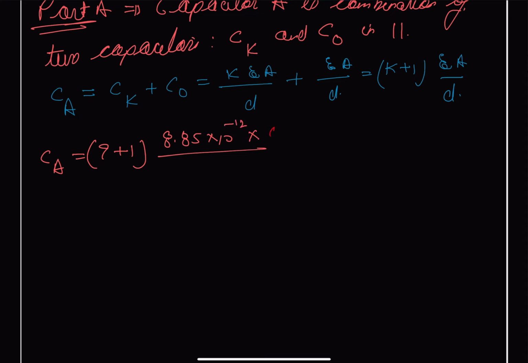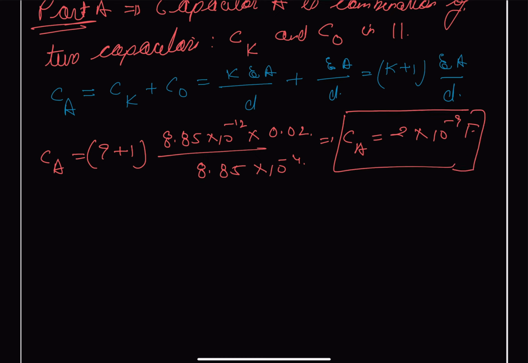Area is given to us as 0.02, and the distance between them is also given, that is 8.85 into 10 raised to power minus 4. So we get our CA will be equal to 2 into 10 raised to power minus 9 farads. So this is the value of the capacitance CA.